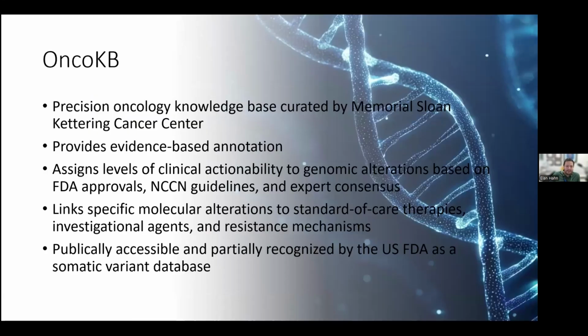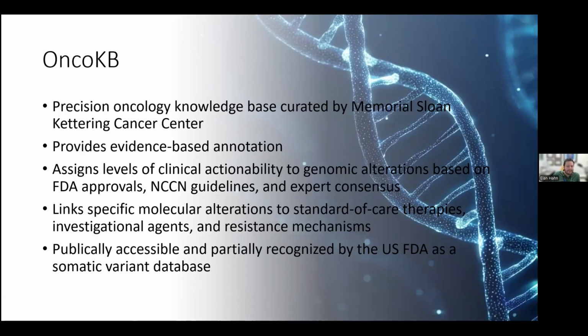So OncoKB is a comprehensive, expert-curated precision oncology knowledge base developed by MSKCC, Memorial Sloan Kettering Cancer Center. It systematically annotates both somatic and germline cancer variants, providing clinicians and researchers with evidence-based information on oncogenicity, prognostic significance, and clinical actionability of specific alterations.